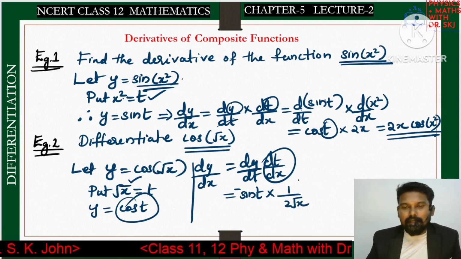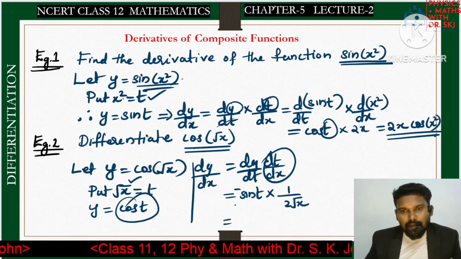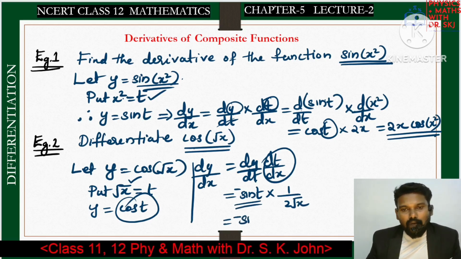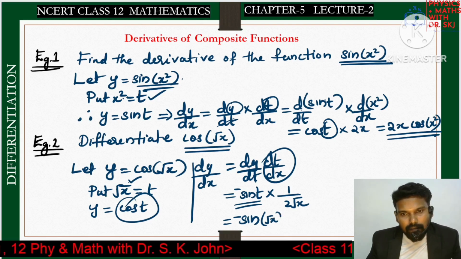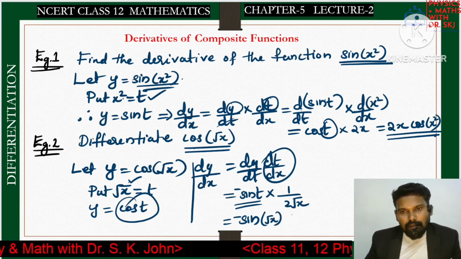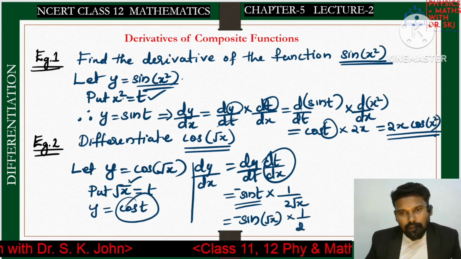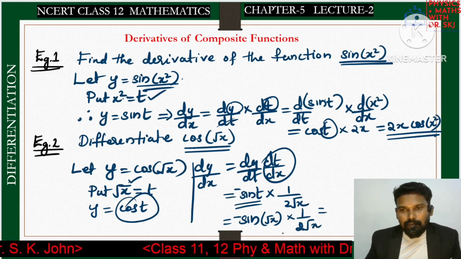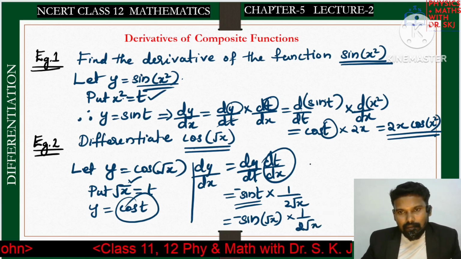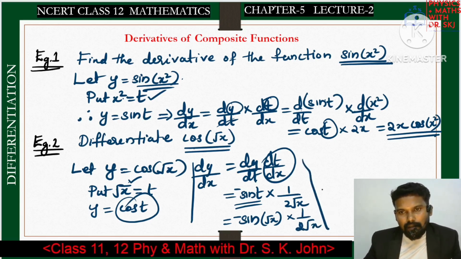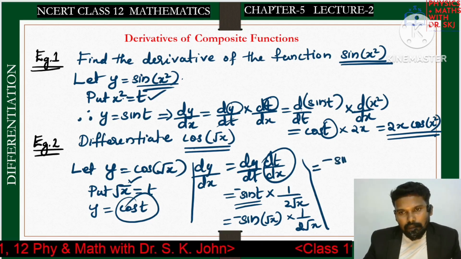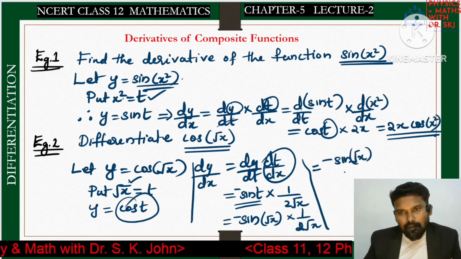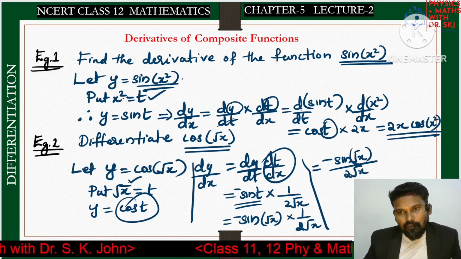You have already studied the standard formula. Minus sine of, what is t here? We have to substitute it back. T is root x, into 1 by 2 root x. So the final answer is minus sine root x divided by 2 root x. This is the final answer.